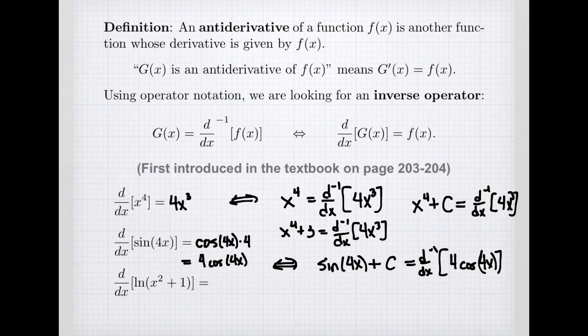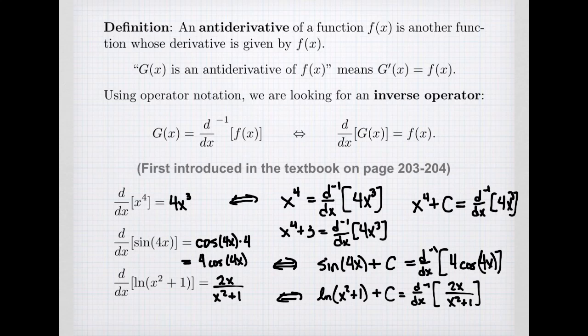The derivative of the logarithm of x squared plus 1, u prime over u, so it's 2x over x squared plus 1. That's the statement about derivatives. The equivalent inverse statement is that the logarithm of x squared plus 1 plus a constant is the family of all possible antiderivatives of 2x over x squared plus 1.